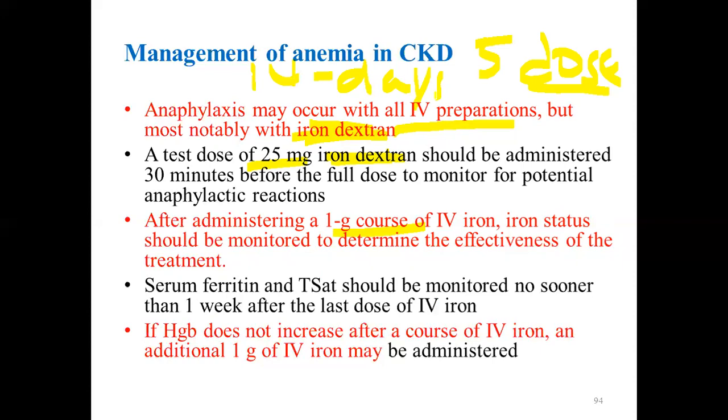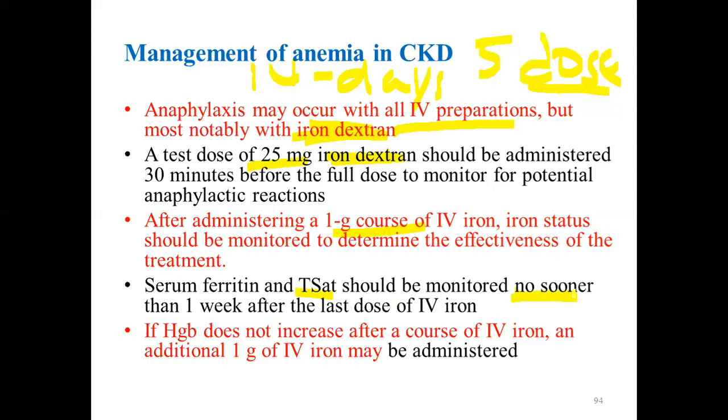Remember, the probability of iron overload is very minimal, because unless the store is depleted, there is no physiological parameter or pathologic condition that promotes the excretion of iron. I think you will get more information from the group presentation. The serum ferritin and the transferrin saturation are very important parameters used to monitor the iron store.